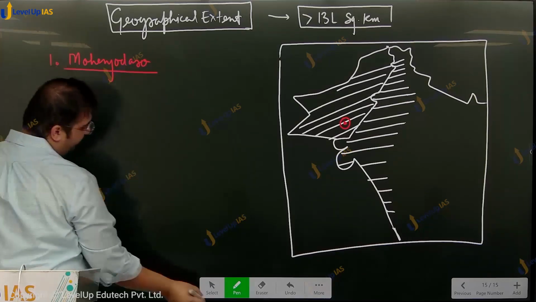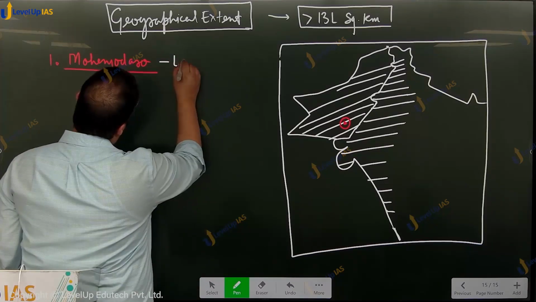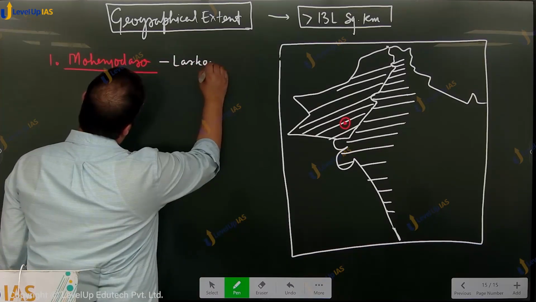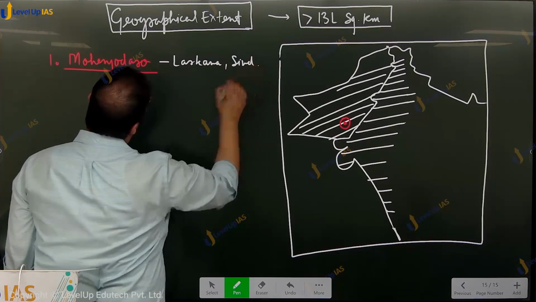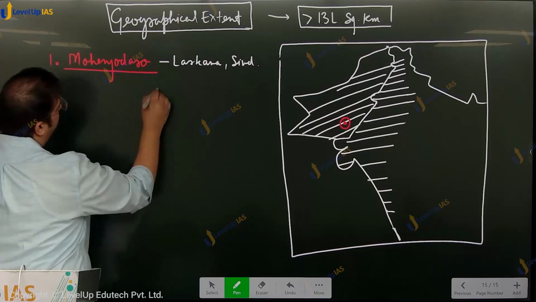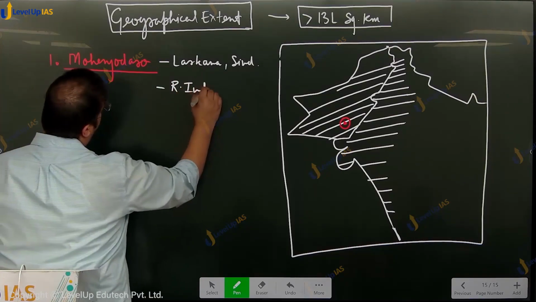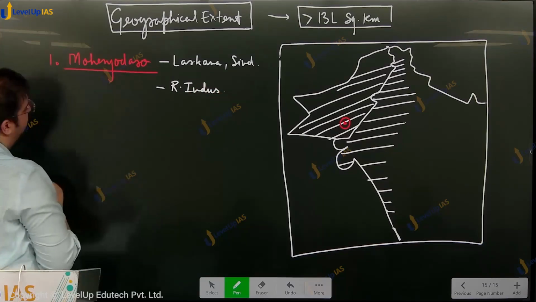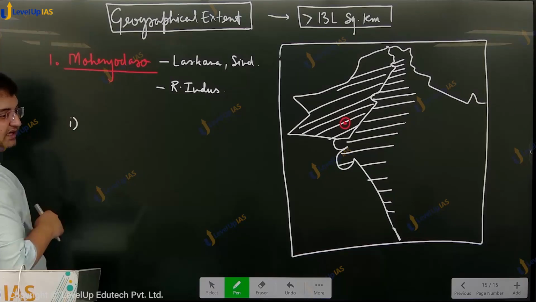कहाँ पे located है? In the Larkana district of Sindh in Pakistan. On the banks of which river? River Indus. What are the important monuments or artifacts that have been discovered from here?